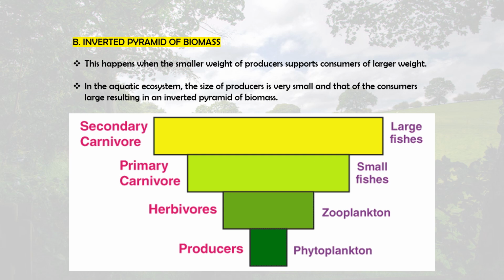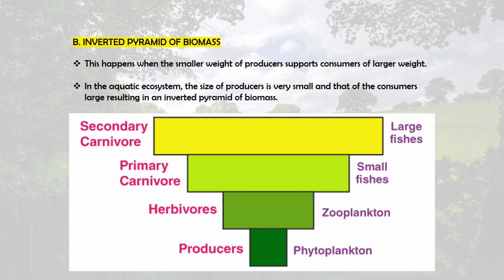Here, the size of organisms differs greatly at different trophic levels, and if organisms of lower levels are much smaller than the higher levels, then this type of pyramid is seen.